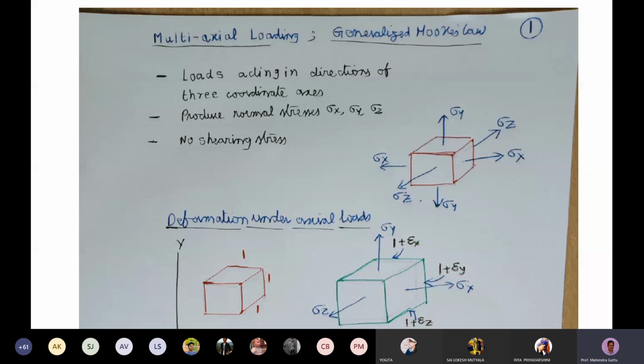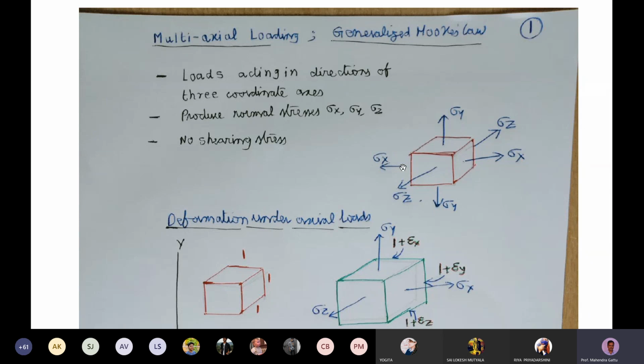In real cases, we can have cases where stresses act along the x-axis, along the y-axis, and the z-axis. Those scenarios are called multi-axial loading cases, and we have that stress element shown here. So we have stress sigma x along the x-axis.